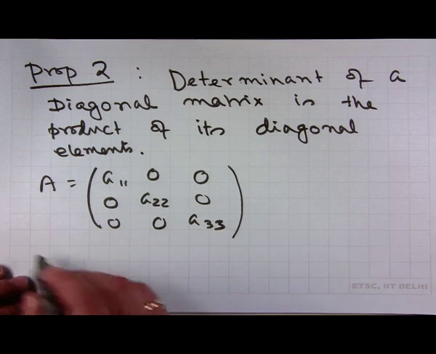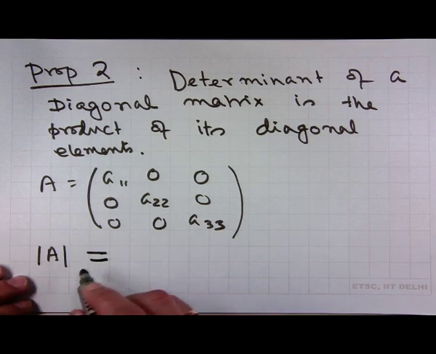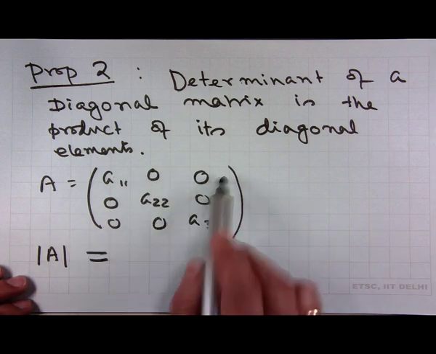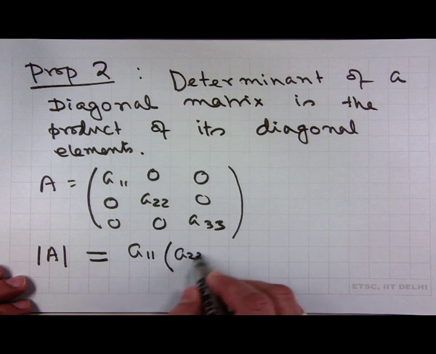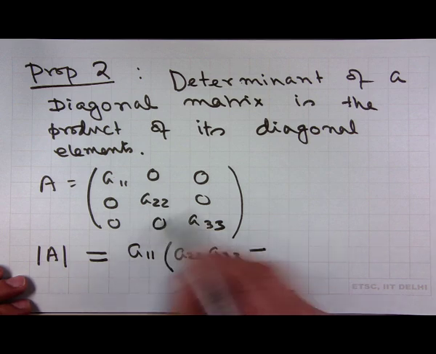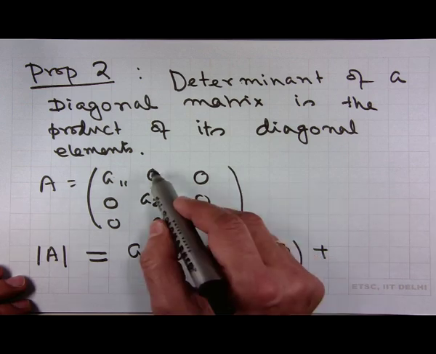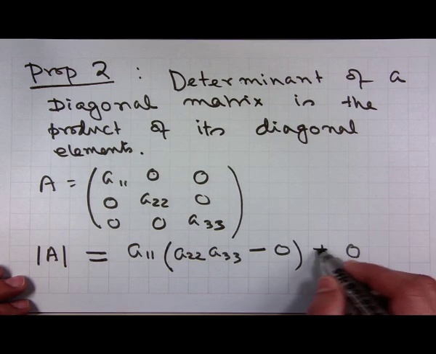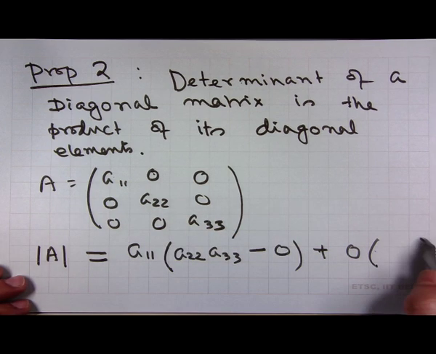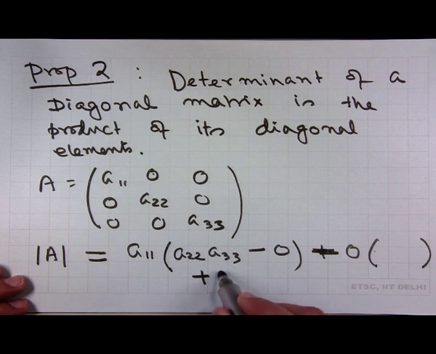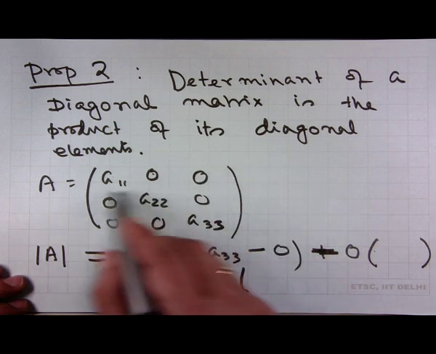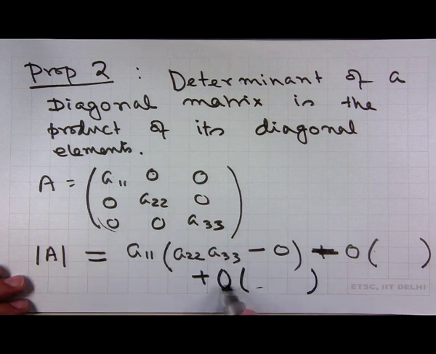Therefore, its determinant, if we want to expand it along the first row, it is going to be a11 multiplied by a22 into a33 minus 0, minus 0 times this determinant, which I am not writing because it is going to be multiplied by 0, plus 0 times this determinant, which again I am not writing because it is multiplied by 0.